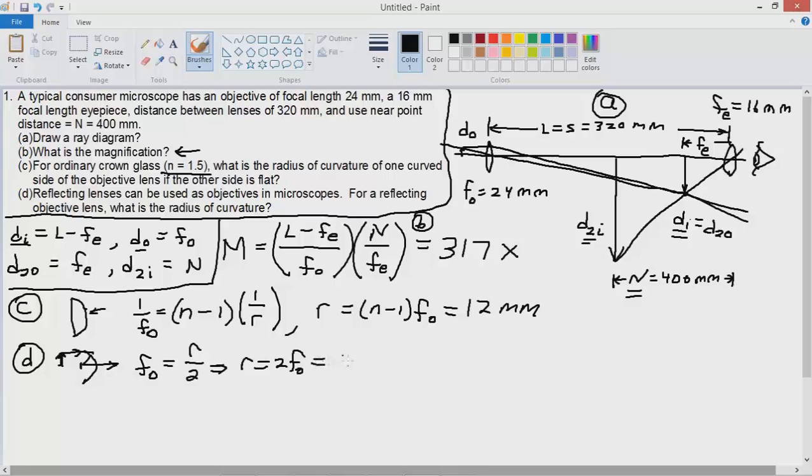That's 48 millimeters. Okay, we're done with this problem. End the recording.